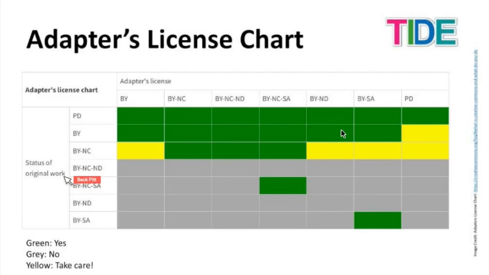So for example, if the status of an original work is CC BY-NC, it probably would not be good practice for you to relicense that under a CC BY license, because somebody has requested that what they are producing is not used in a commercial context. You could do it, but it wouldn't really be best practice. So this will help you when you start to remix and revise materials to think about licensing. But we'll be talking about this more in another webinar.